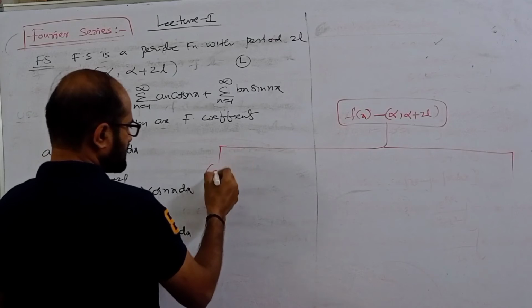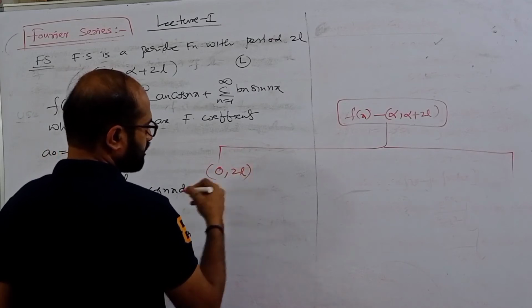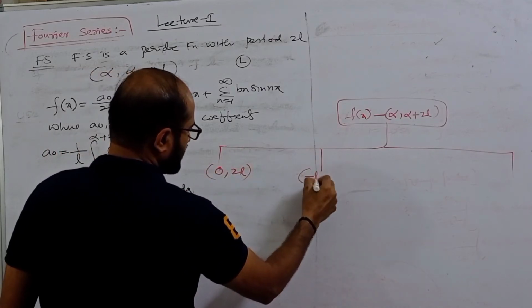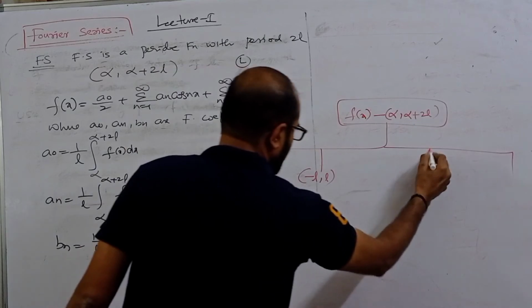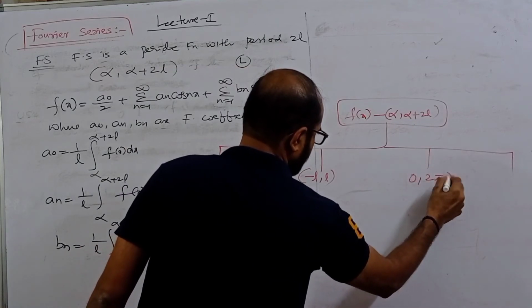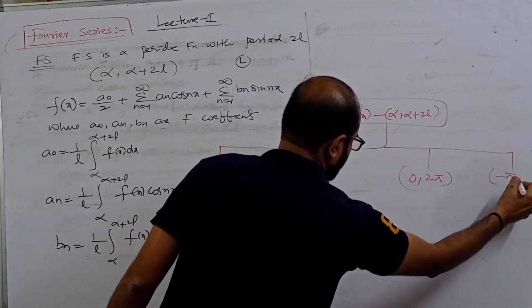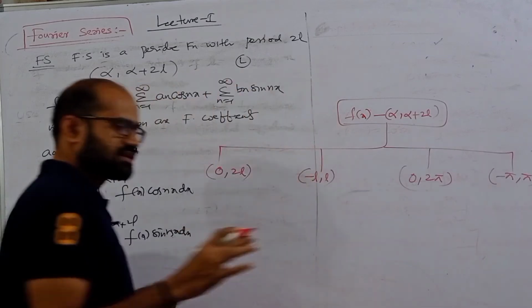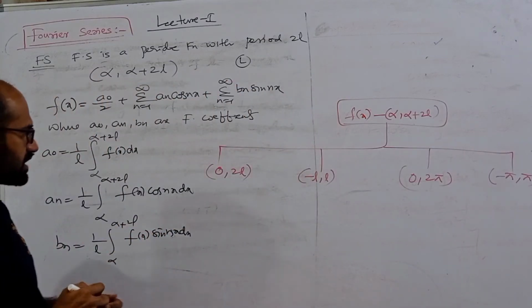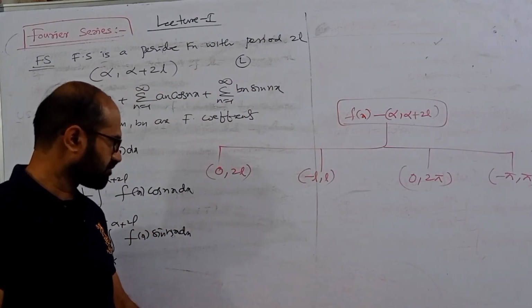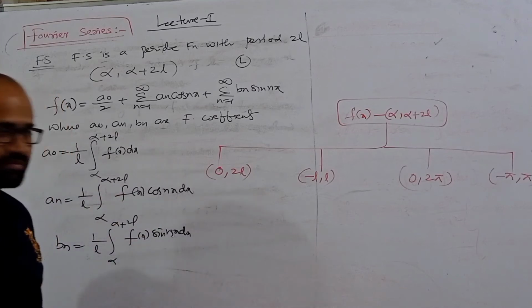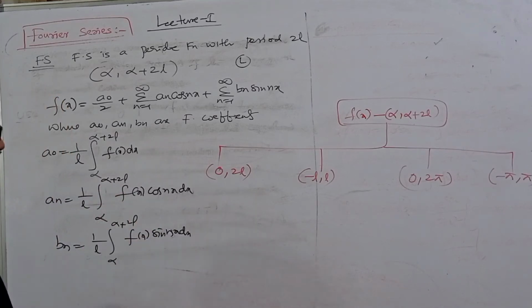First of all, I can express this in the intervals 0 to 2L, minus L to L, 0 to 2 pi, and minus pi to pi. From this you can understand clearly the Fourier series formulas, the a naught, an, bn values. Then easily you can solve the problems, right?